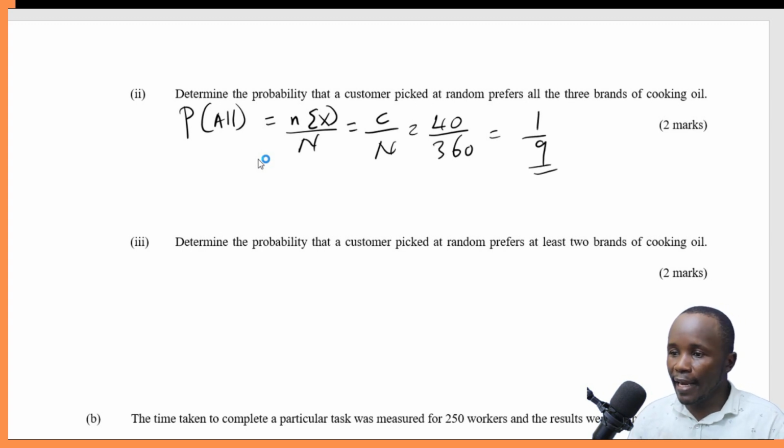Determine the probability that the customer picked at random prefers at least 2 brands.